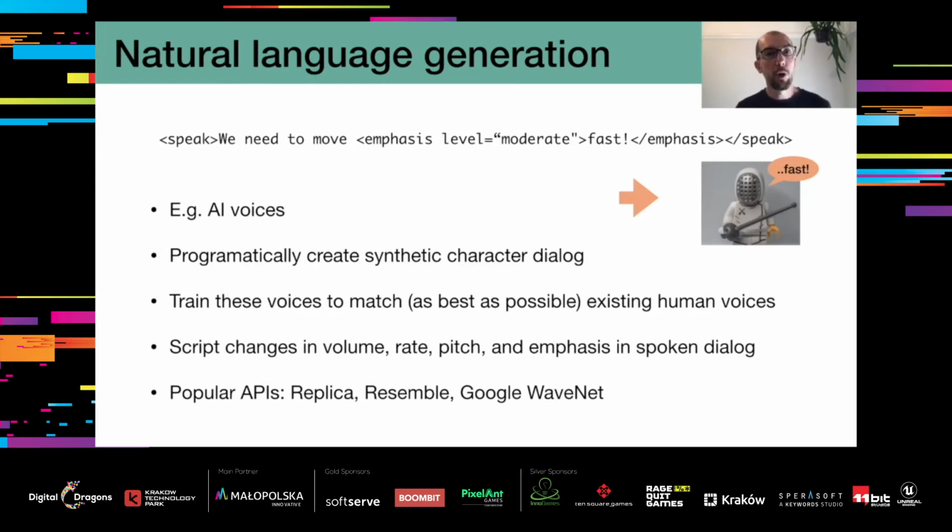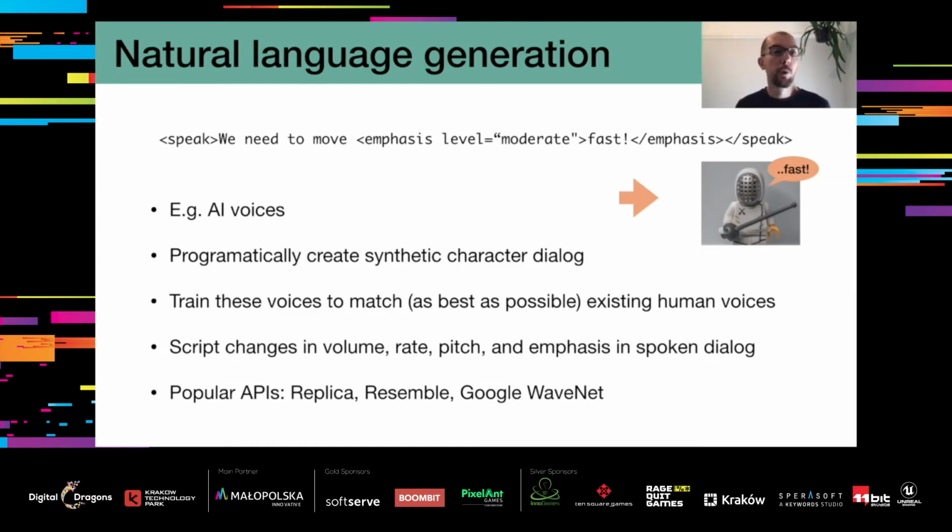The next building block is natural language generation, for example, AI voices. And these algorithms allow us to programmatically create synthetic character dialogue. And we can even train these voices to match existing human voices if we want.